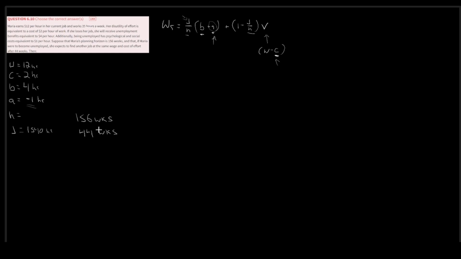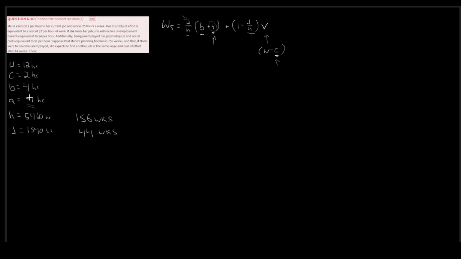What's our planning horizon? Our planning horizon is 156 weeks, 35 hours a week. That means that our planning horizon is 5,460 hours. Okay, now we have W, C, B, and A, and we have these in terms of our hourly impact, but what is that in terms of weekly impact?